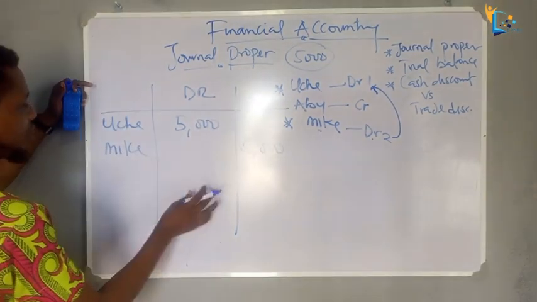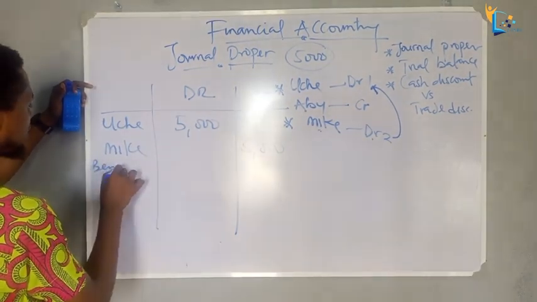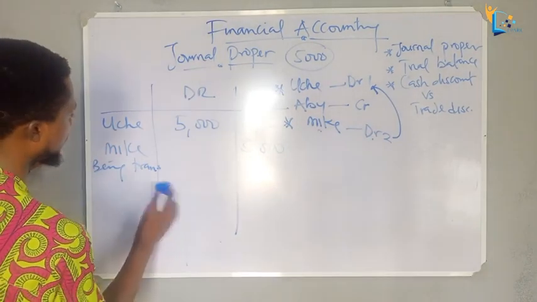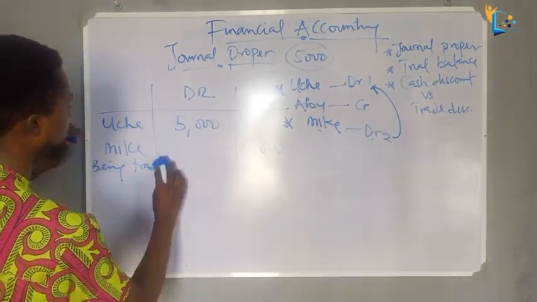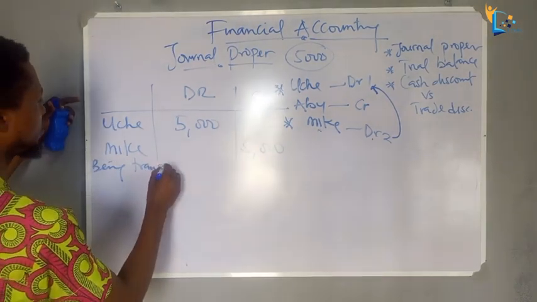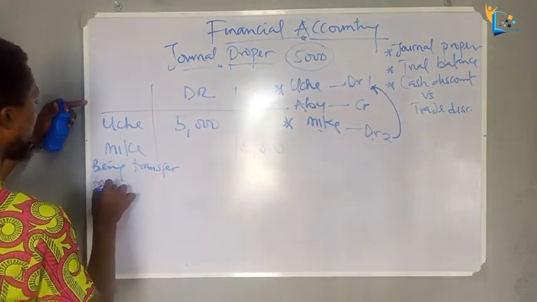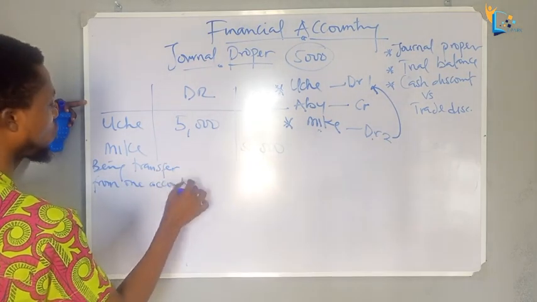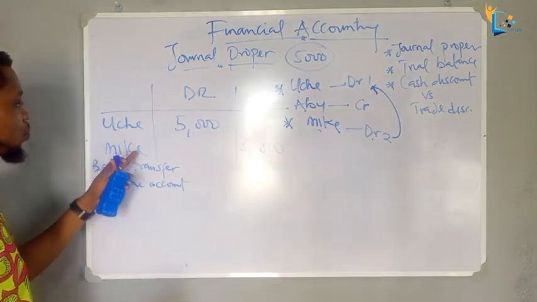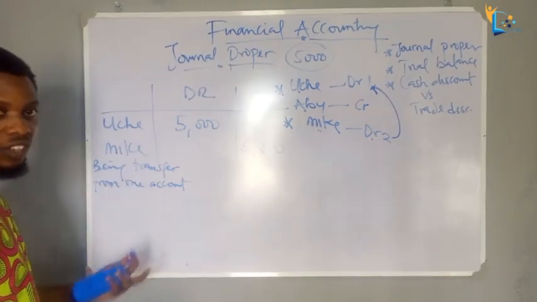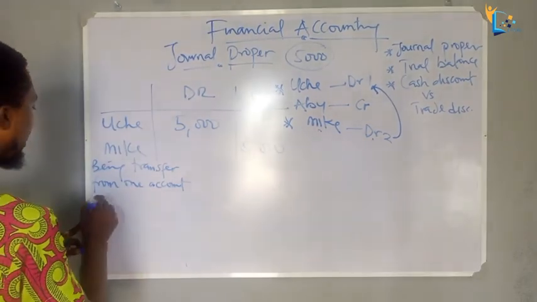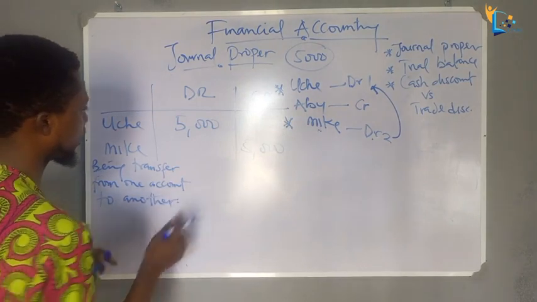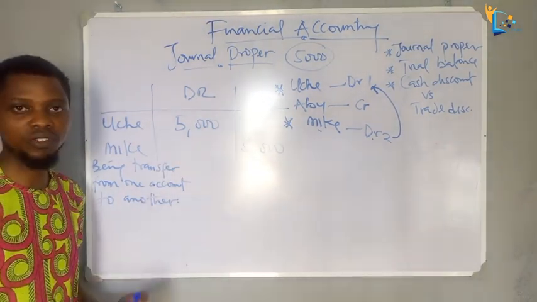Okay, so the narration will be: being transfer from Mike's account to Uche's account, or being transferred from one account to another, it is the same thing. You can use any of the narrations.